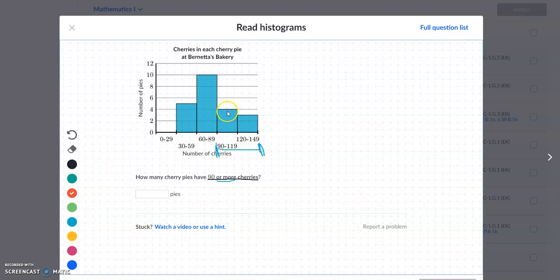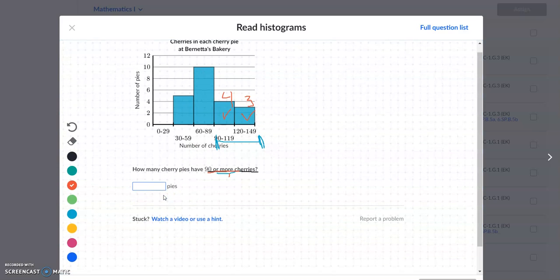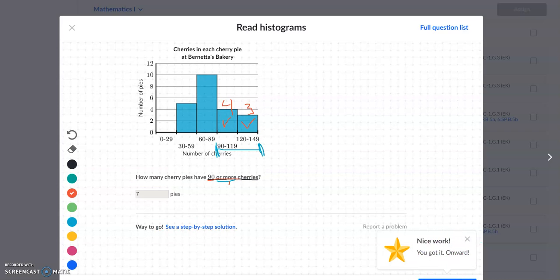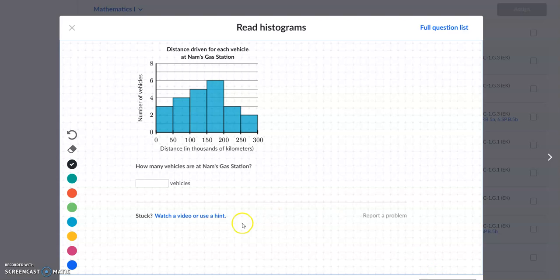This bar and this bar count for 90 or more. So we're going to add the two bars together. This first bar has a height of 4, and this next bar has a height of 3. We add together the 4 and the 3, and we get 7 again. Yes, nice work. Let's do a couple more.